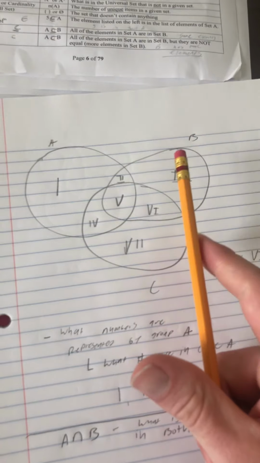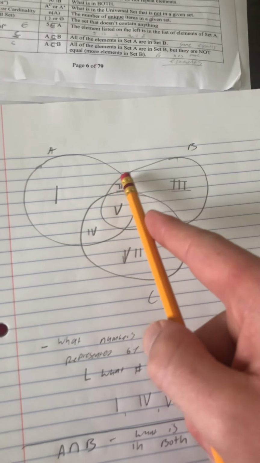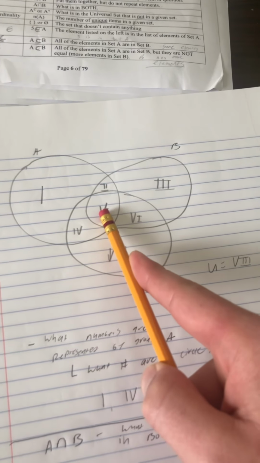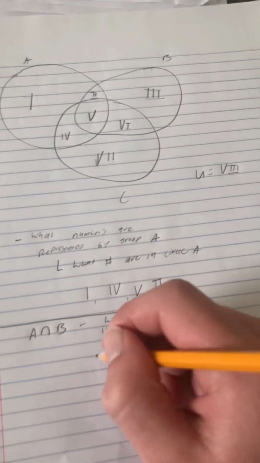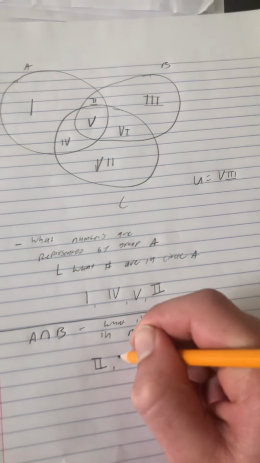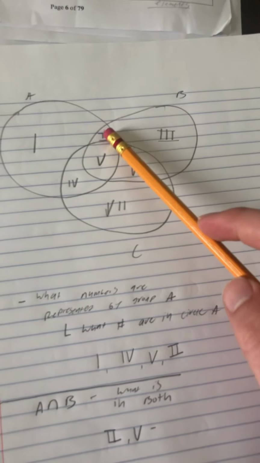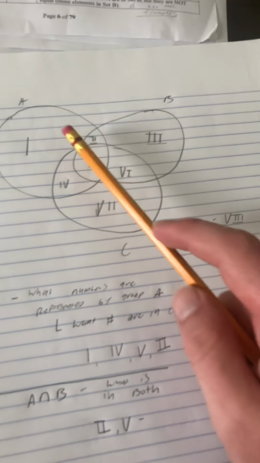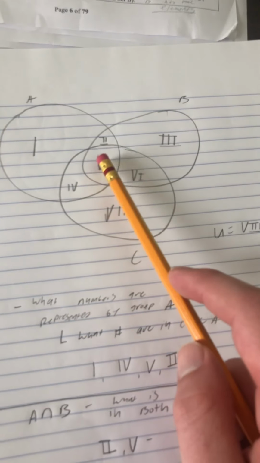Well, we see right here that both circles share 2 and 5. That is the only numbers that they share right there. So 2 and 5. As we can see right here that both A and B share 2, A, B, and C share 3, but technically A and B still share that 3.